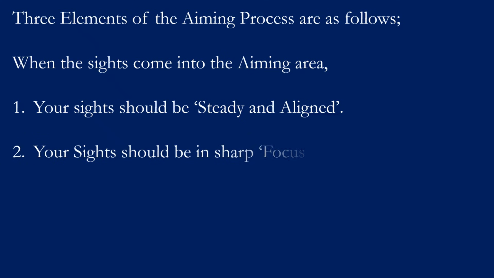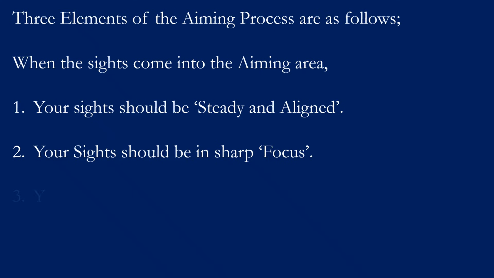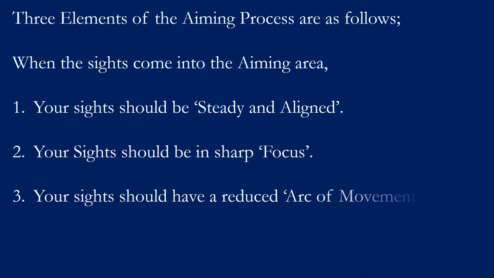This is the second element. And the third, your sight should have a reduced arc of movement, which is the third element. These three elements combine to form what you call the aiming process.